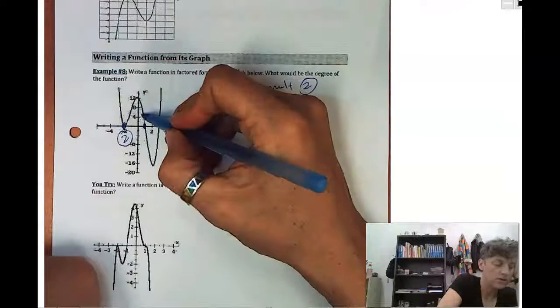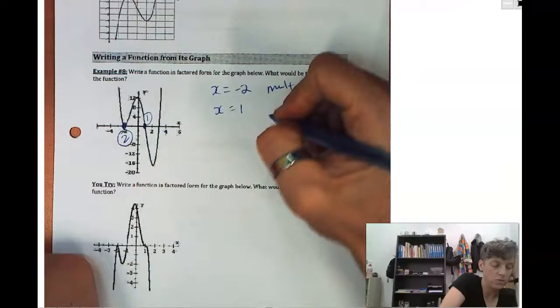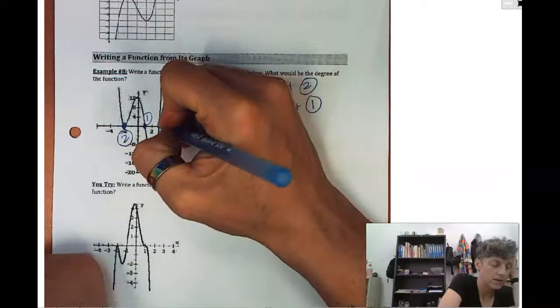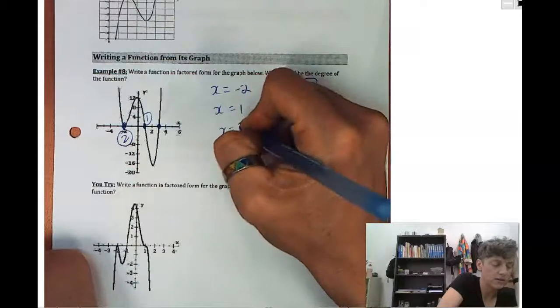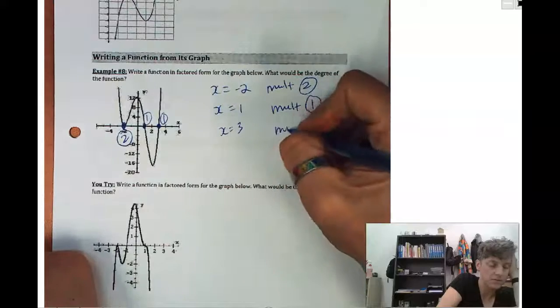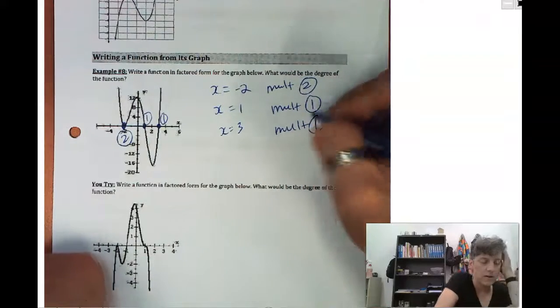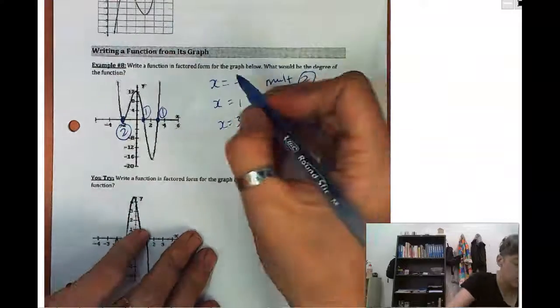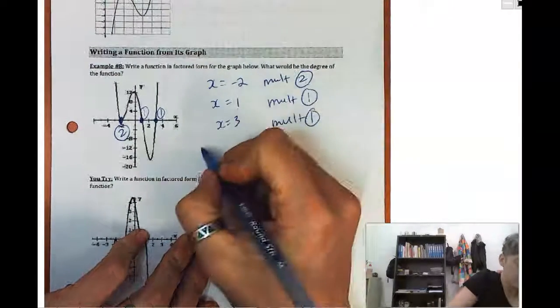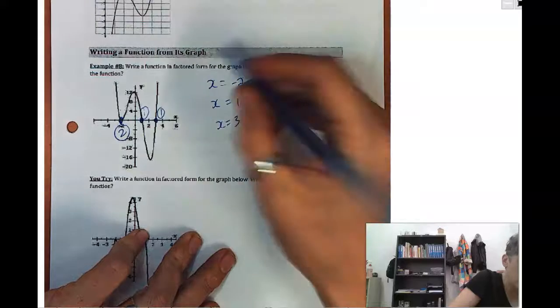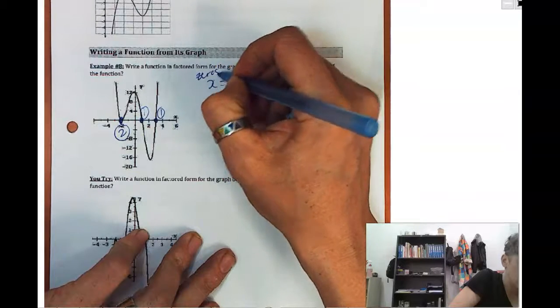It goes straight through, so it has a multiplicity of 1. And another 0 here at 3. That also goes straight through, so it's got a multiplicity of 1. So now let's convert these zeros into factors. These are the zeros.